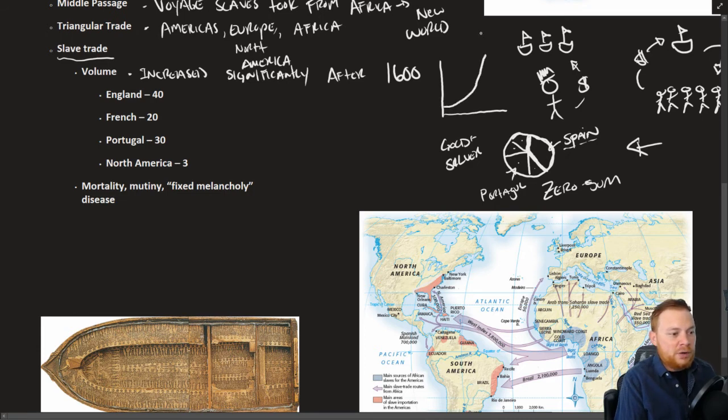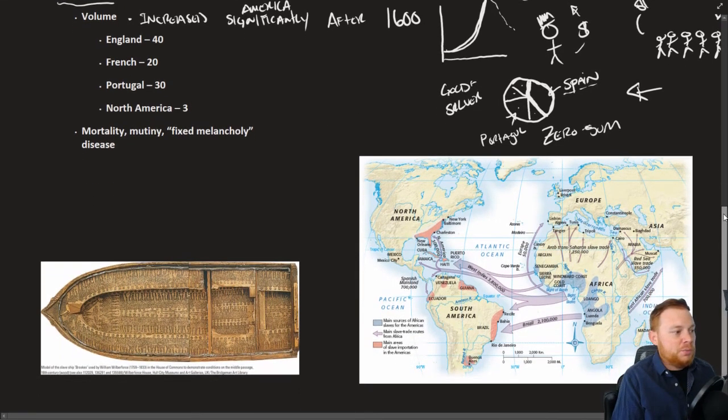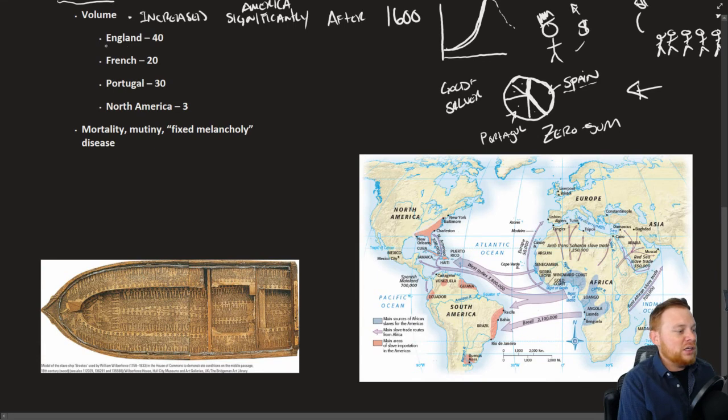Then you get to about the year 1800, and then it begins to drop off after that point, but certainly accelerating like an exponential graph. A lot of the reason for that was because of things like sugar, which was incredibly profitable. In terms of the nations who participated in it, we could say that England, we might also add the Dutch to this, accounted for approximately 40% of the slave trade, France 20%, Portugal 30%, and North America only 3%.